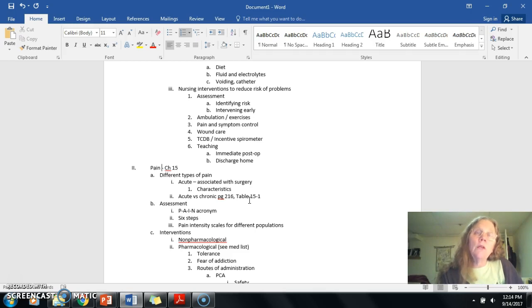The most reliable indicator of acute pain is the patient's report of pain. And we also know that with surgery, the expectation is that as the patient recovers from the surgery, the pain ideally should diminish over time, and that's different from chronic pain. So that's something to assess for.